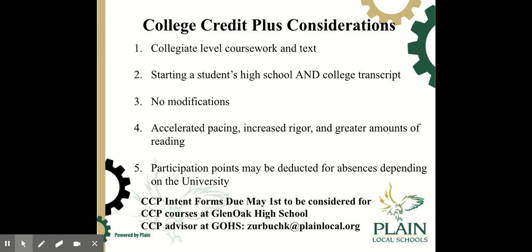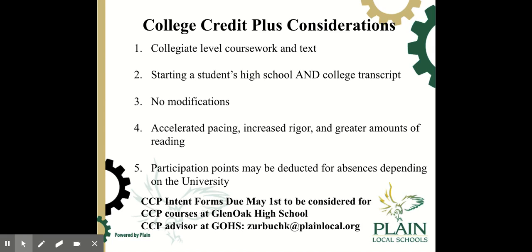Some more information about College Credit Plus. It is a program where students are earning high school credit simultaneously as they're earning college credit. So it is collegiate level coursework. As I just said, you're starting your high school transcript and your college transcript if you choose to take College Credit Plus as a freshman. We do not offer any modifications because you are a high school student, or in particular because you're a freshman. It is accelerated pacing, increased rigor, and great amounts of reading.